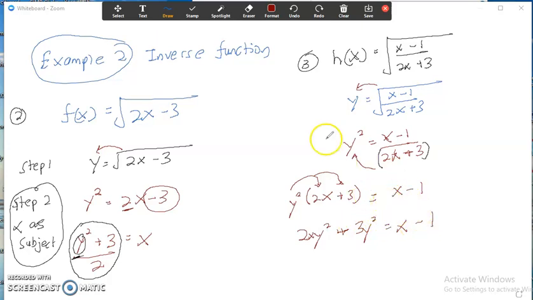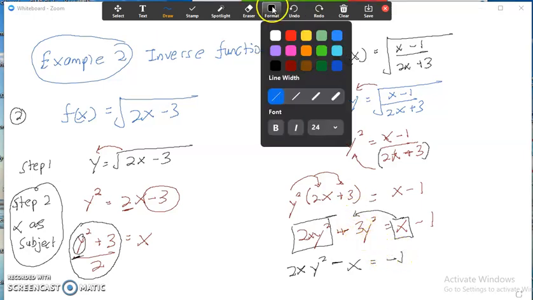After that, now we have x over here and we have x over here. Now for our second step, we have to gather the x at one side. So now we move this x to the opposite side, it becomes minus, and then here minus 1.